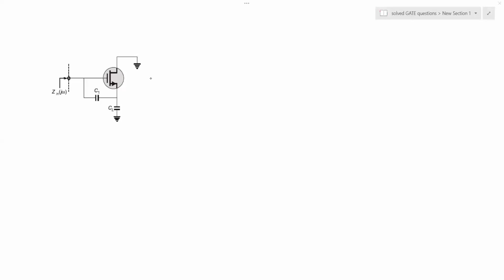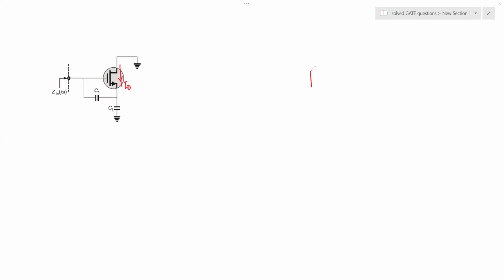So to start the analysis, what we do is we draw the circuit. Obviously there is a current flow from drain to source, that is ID.